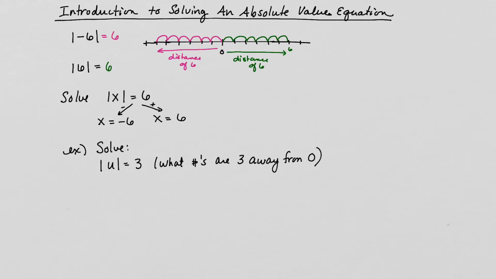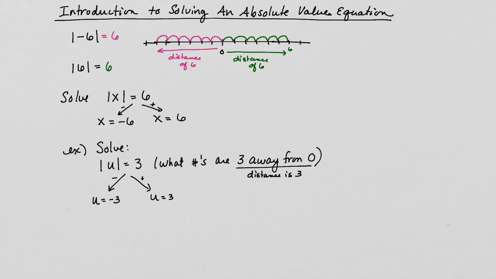So what numbers have a distance, right? So 3 away from 0 is basically saying that the distance is 3. And so those would be u equals -3, right? Think about my number line, I could go back this way to -3, or u equals +3. So again, a negative case and a positive case.